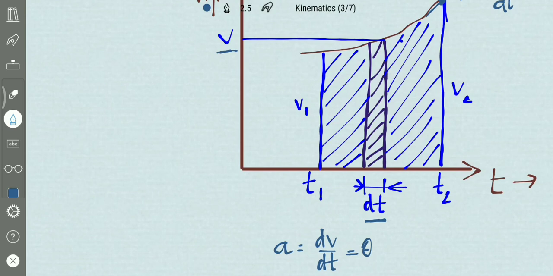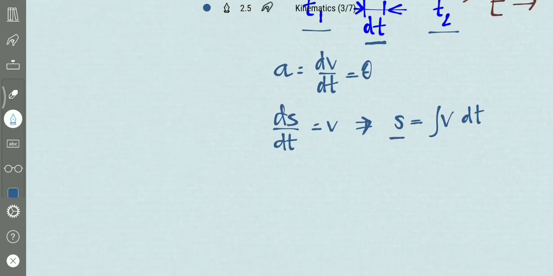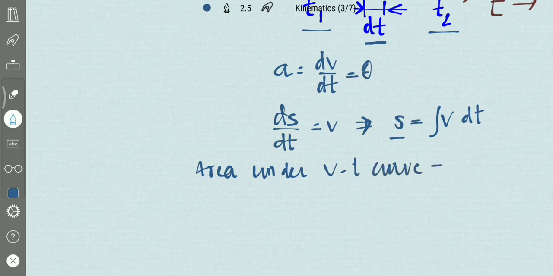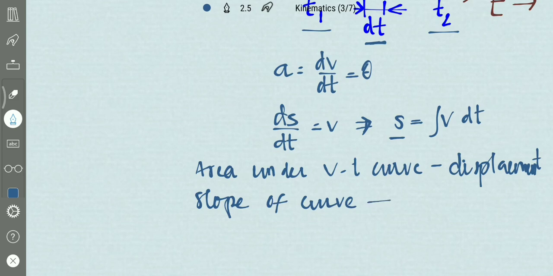If we extend this v into dt from t1 to t2, we get the area under this curve, and it is equal to this displacement. So area under the vt curve gives displacement, and slope of the curve gives acceleration.